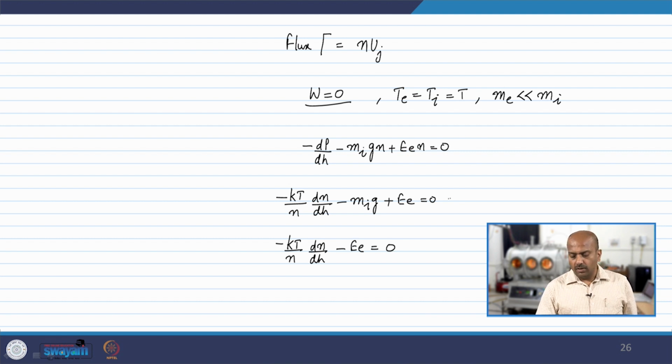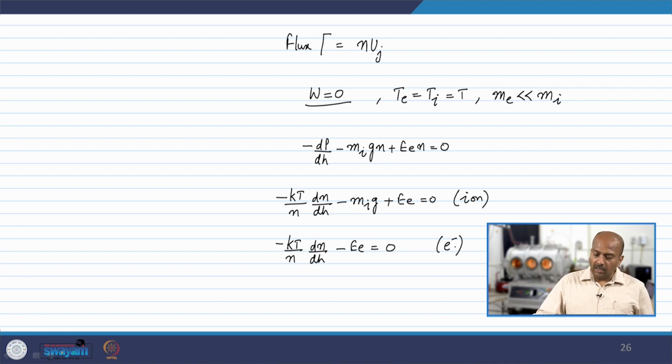The first is for the ion and the second is for the electron. I am not writing temperatures Ti and Te because I assumed both of them to be the same, and in the electron equation I have not written the me g term because the mass of the electron is very small, so we can neglect it.